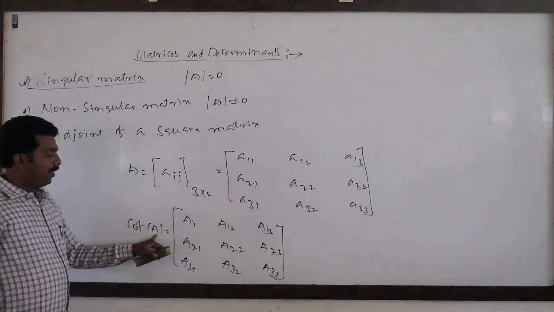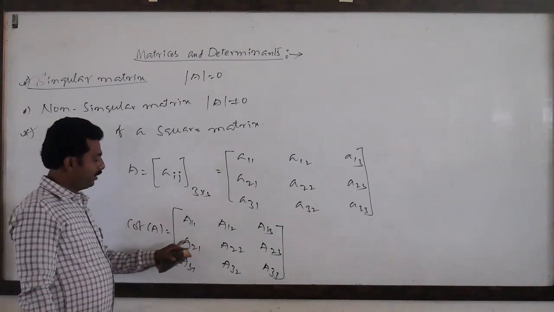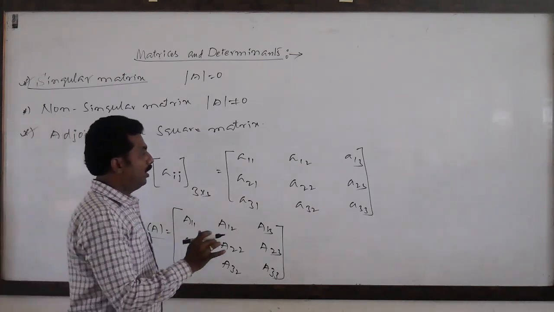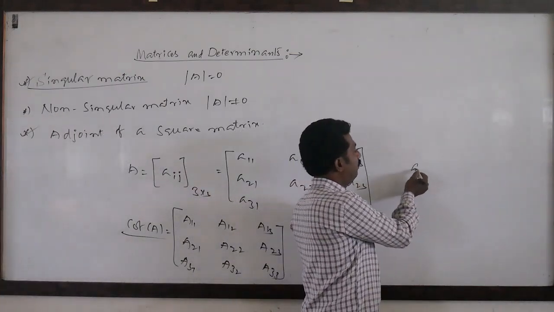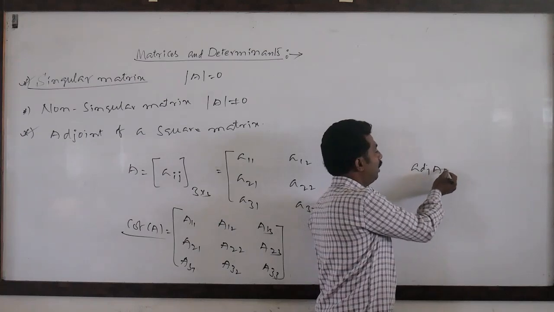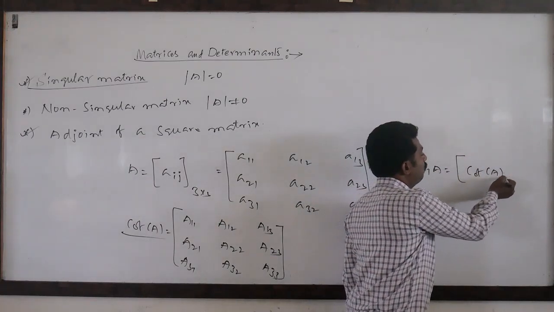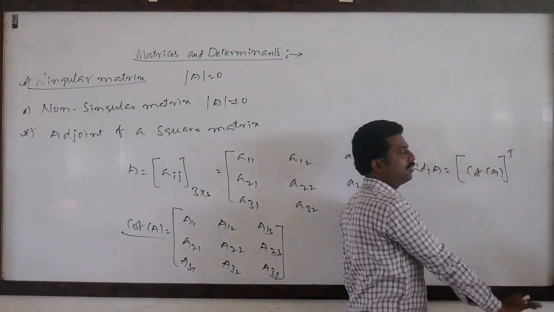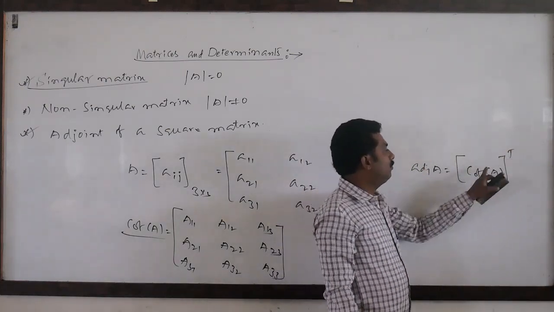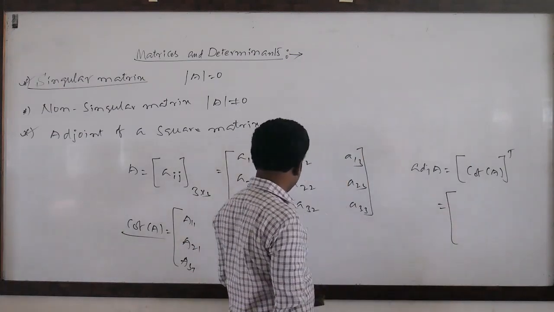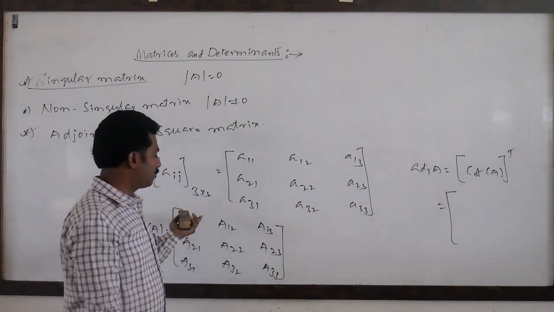So these are the cofactors of the elements of A, that we call the cofactor of A. So what is adjoint of A? Adjoint of A is nothing but the transpose of the cofactors of A.